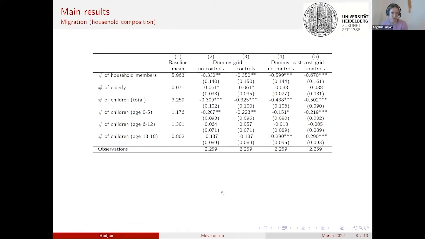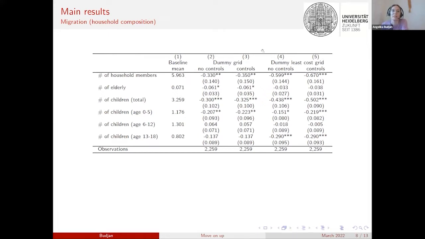And so at the household level, the first results on household composition show that indeed I can observe a reduction in household members after the construction of the transmission lines by 0.6 to 0.7 household members. And on average, in Nigeria, you have 6 persons living in one household.